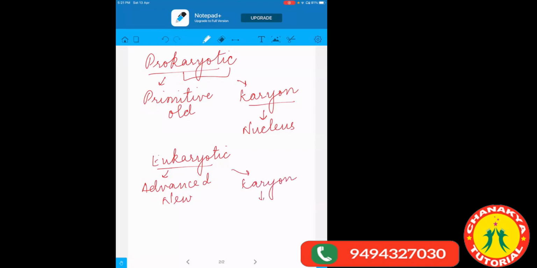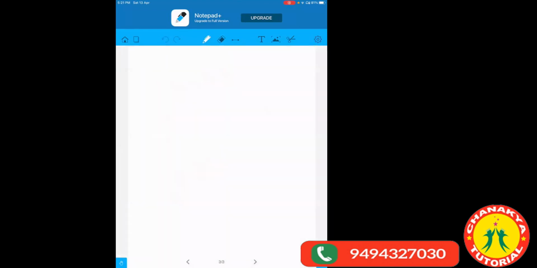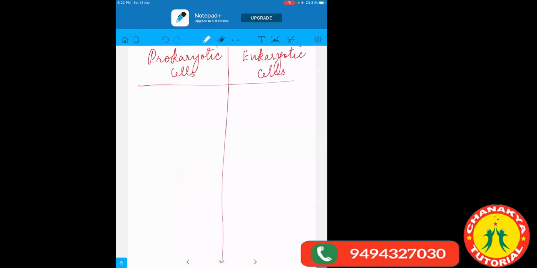So let us see in what ways they are different from each other. Let me write prokaryotic cells on one side and eukaryotic cells on the other side. The first point: prokaryotic cells are very minute in size, for example bacteria.